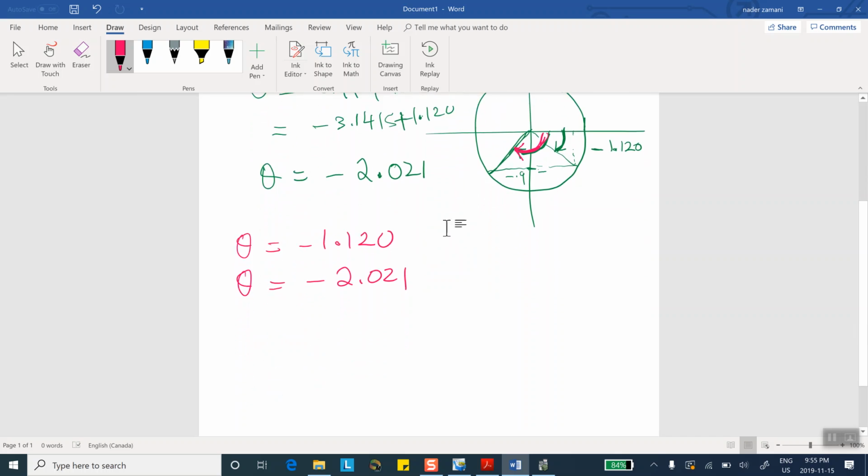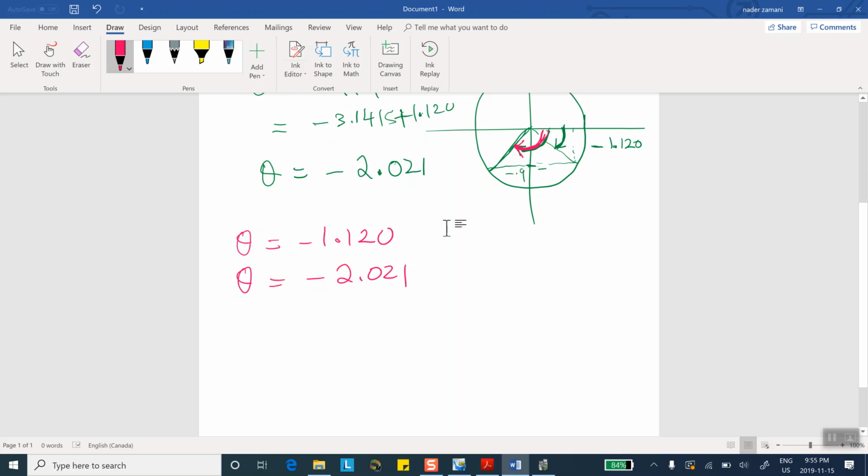And these are two solutions within the period, actually, this is not 0 to 2 pi. Let me write it like here. Two solutions within the period minus 2 pi and 0, because they're both negative, right?